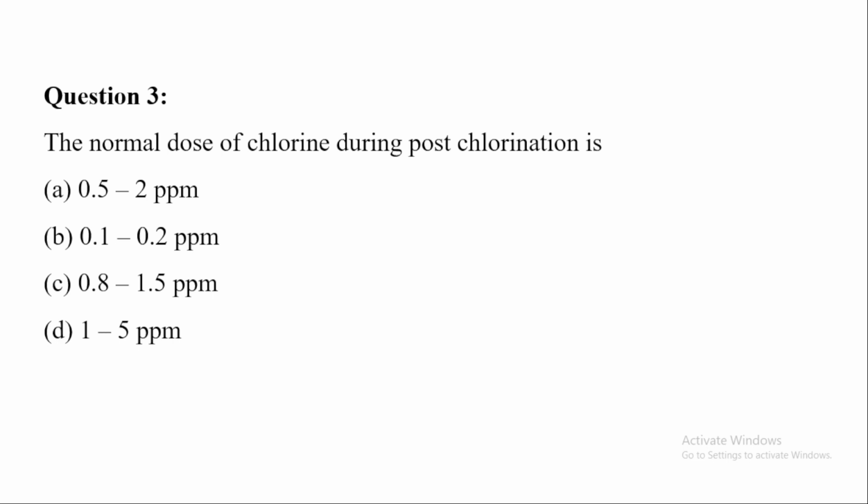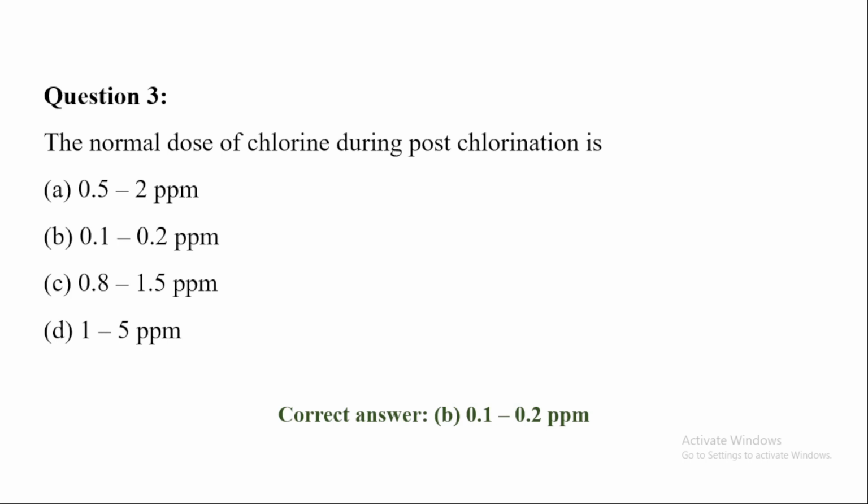So the dose of chlorine will be very small. If you see these options, 0.1 to 0.2 ppm is the smallest dose, and this is the dose required for the post-chlorination process.